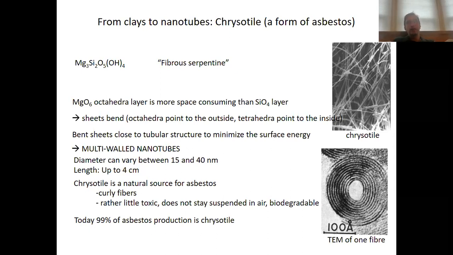And the layer would bend so that the more space-consuming octahedral layer would point to the outside, and the less space-consuming tetrahedral layer would point to the inside. And what can then happen is that these bent layers close to form tubes.